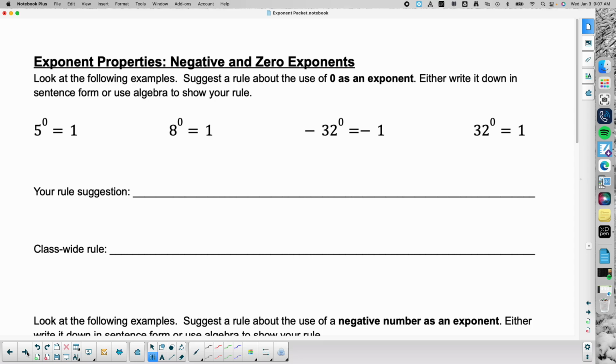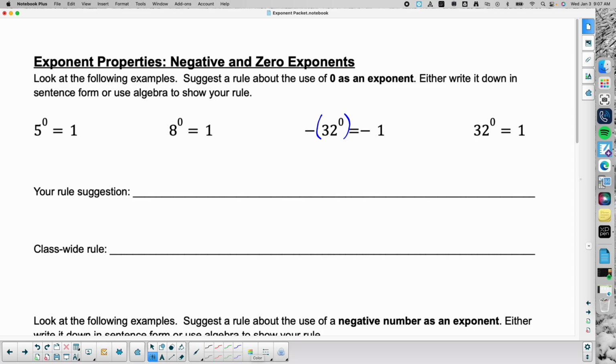Now this one's a little bit different because it says the answer is -1. How come that one's different maybe? Yeah. So the -32 to the 0, that negative symbol is not on the 32. That negative symbol is on the whole thing.